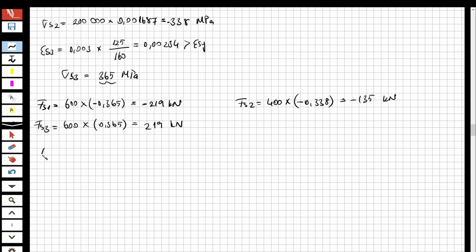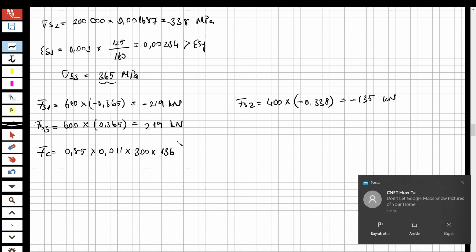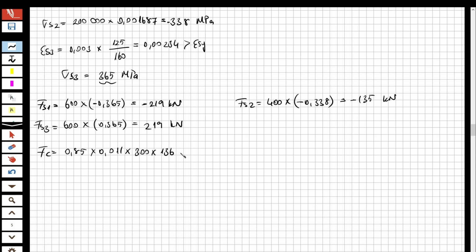Let's calculate the concrete force. The concrete block force is 0.85 multiplied by 0.011 and multiplied by 300 and multiplied by a. What is a? 136, I calculated it before. And this is going to be equal to 382 kilonewton.